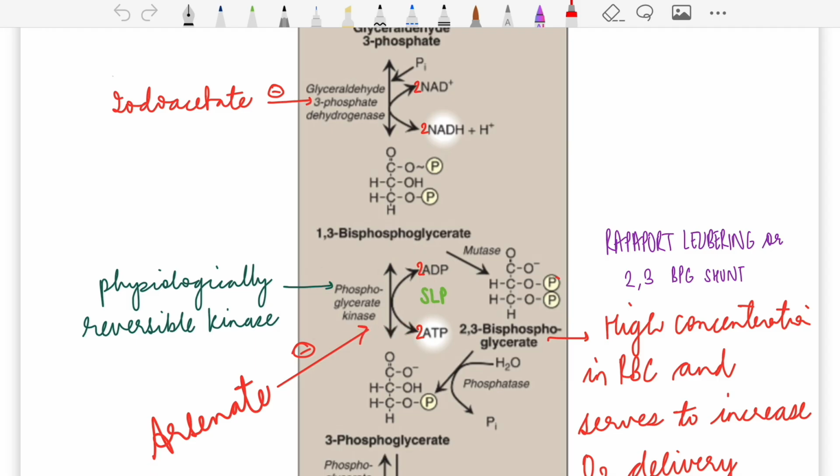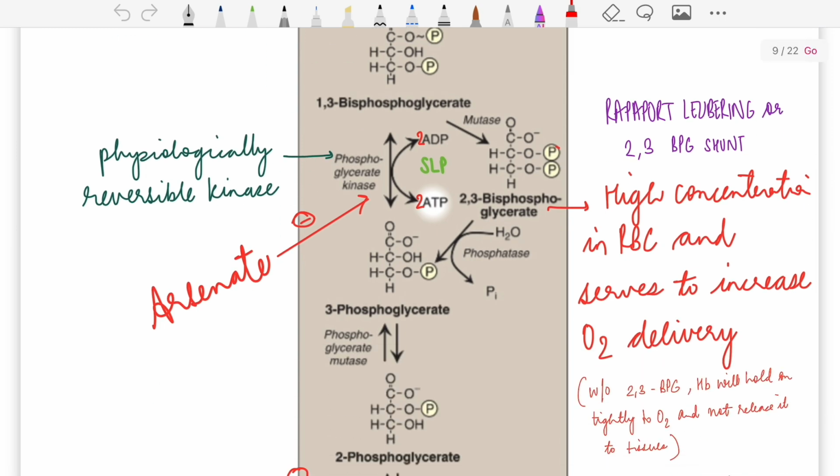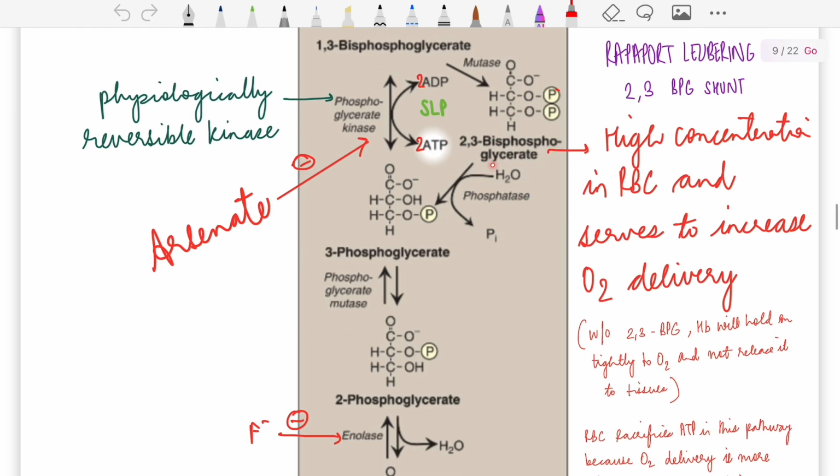Now what happens in a lot of cases is that 1,3-bisphosphoglycerate gets converted to 2,3-bisphosphoglycerate, which gets indirectly converted to 3-phosphoglycerate. So don't be confused. This is known as the Rapoport-Luebering shunt or 2,3-BPG shunt. So what is the need of this enzyme? It is present in high concentration in RBCs and serves to increase the oxygen delivery.